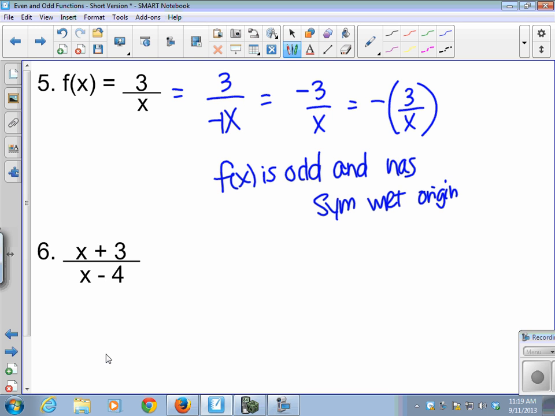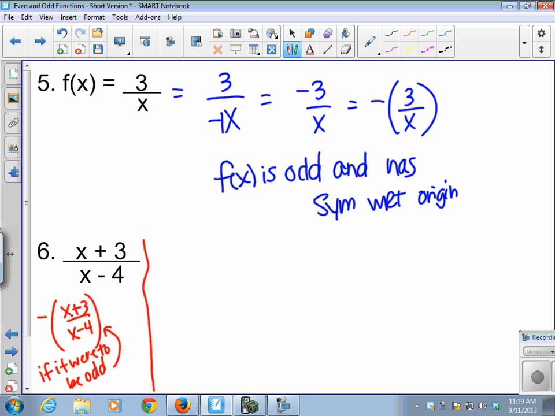If I were to end up with an odd function, I would need to be able to write my function like this. Okay, so if it were to be odd, I would need this.